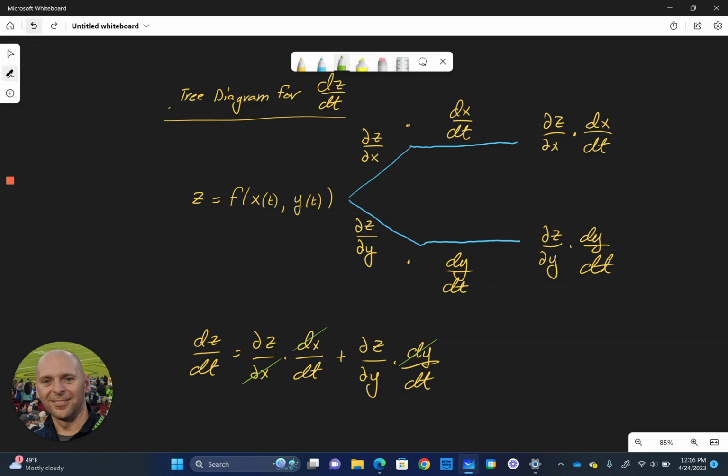It's just kind of a way to keep track of what you're doing if you're not using a tree. We know that as we form these individual products here using the chain rule for each side, we've got to make sure we account for all of those. And then we also want to make sure that we're multiplying up to whatever the notation is for our derivative.